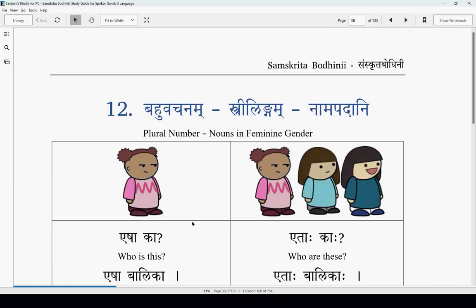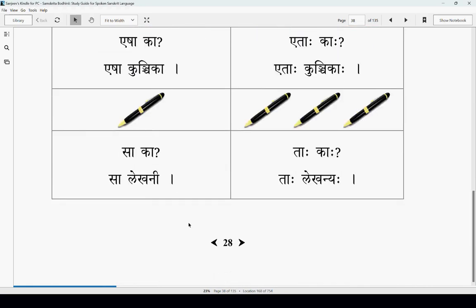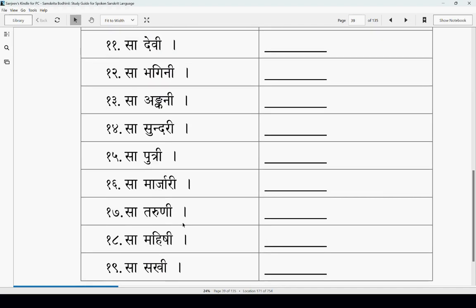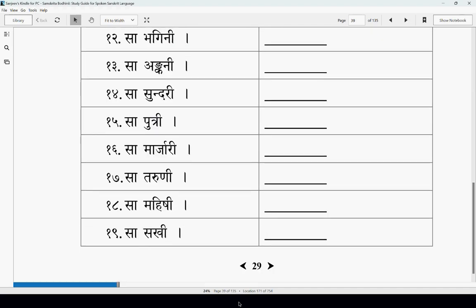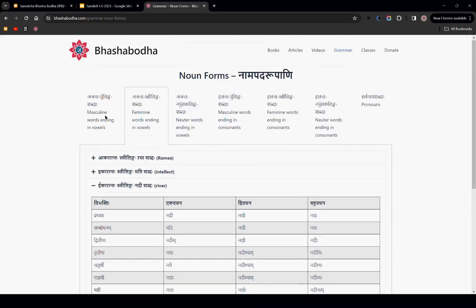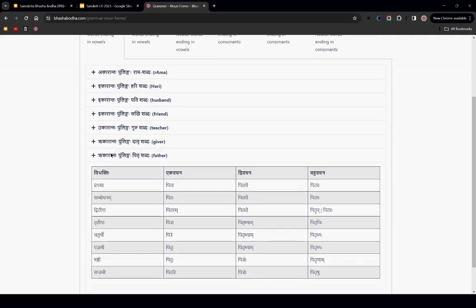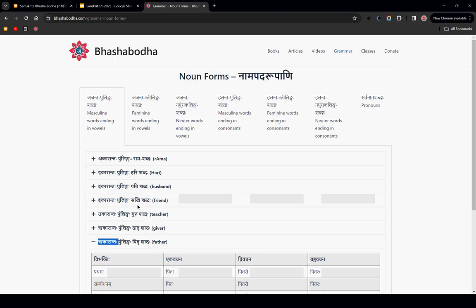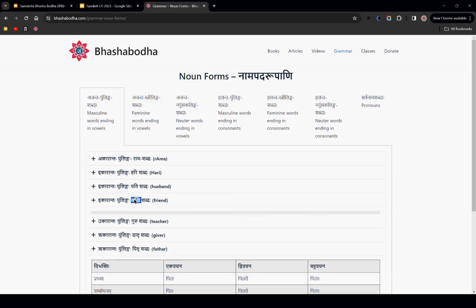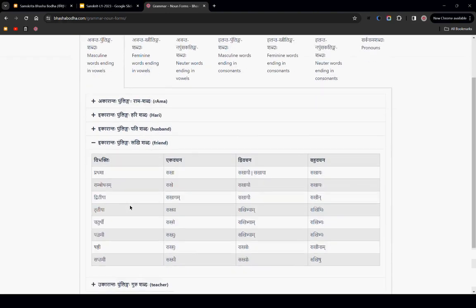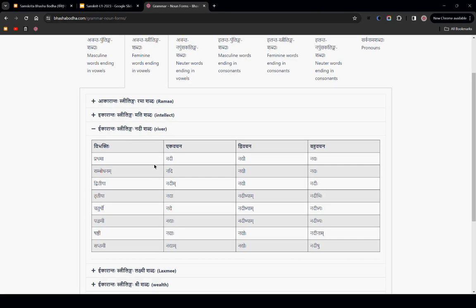The Sakhi word: there is a Pullinga word called Sakhi, ending in a Hrasva Ikara, short i. This means a male friend. So this has its own form: Sakha, Sakhayau, Sakhayaha. But for a female friend, it will be like Nadi Shabda: Sakhi, Sakhyau, Sakhyaha.